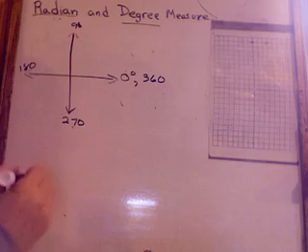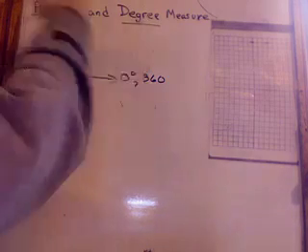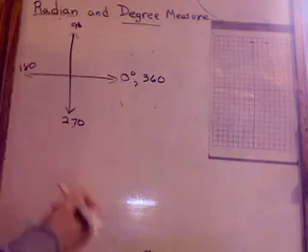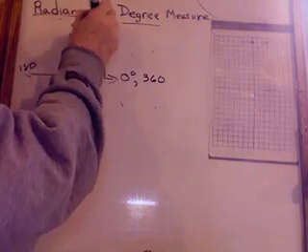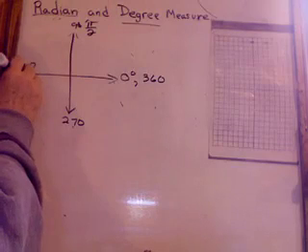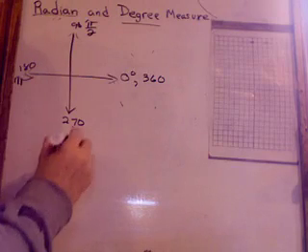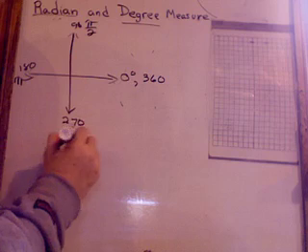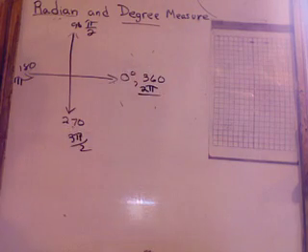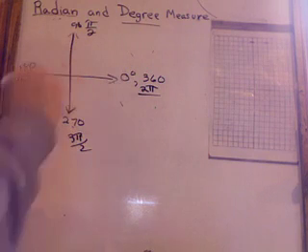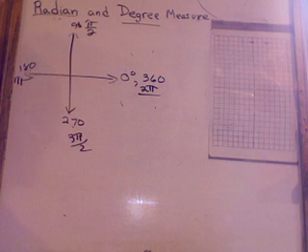I can talk about that same circle in terms of radians. Okay, so 90 is the same thing as pi over 2. 180 is the same thing as pi. This is 3 pi over 2, and this is 2 pi. So we can talk about the circle in terms of degrees or in terms of arc length.